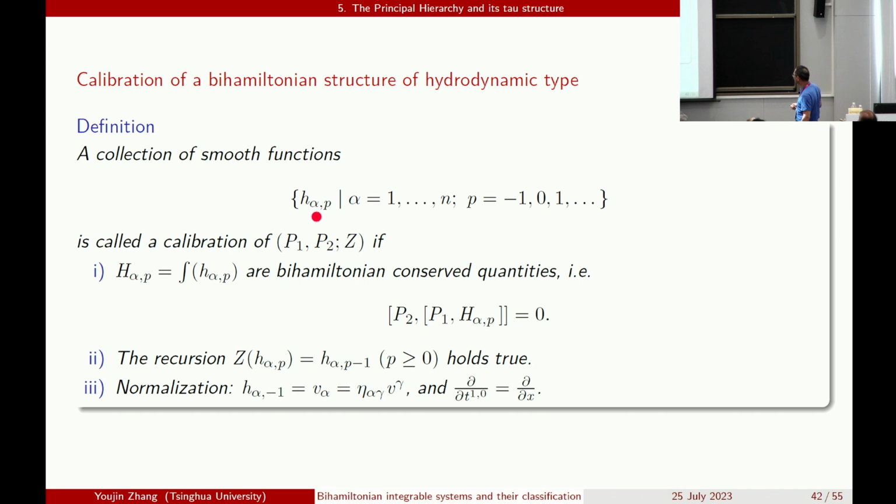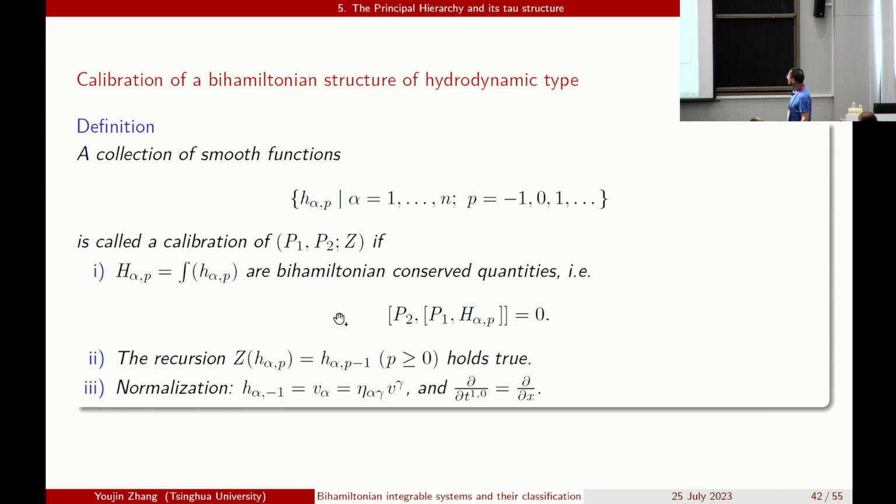Then we say that this h_{alpha,p} forms a so-called calibration of this flat exact bihamiltonian structure if these h_{alpha,p} give densities of Hamiltonians, which we call bihamiltonian conserved quantities. This means that if you use this h_{alpha,p} to form a Hamiltonian vector field with respect to the first Hamiltonian structure, then this Hamiltonian vector field is also a Hamiltonian vector field with respect to the second Hamiltonian structure.